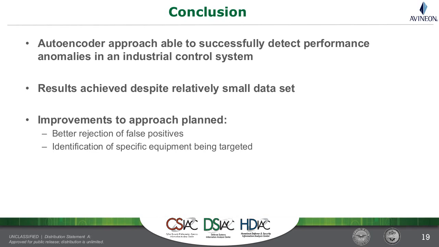We'd like the system to be able to give us an indication of which components it thinks are being affected by the cyber attack. That would also come into play if you were looking for a machinery maintenance piece. If it's a machinery failure, you'd really like it to be able to tell you that pump 6 has failed. So that's really where we're looking to go with this next.